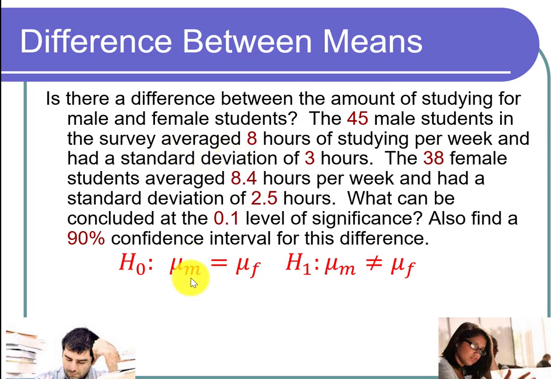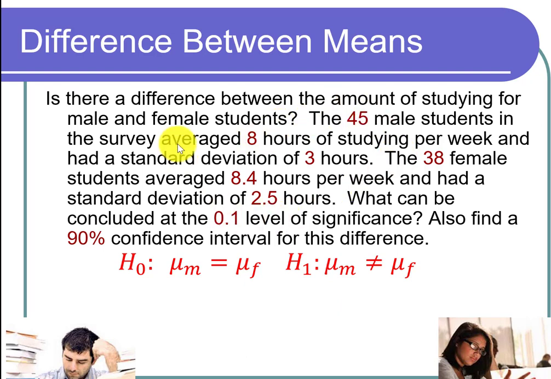So we write mu sub m equals mu sub f, or the population mean number of hours that men study is equal to the population mean number of hours that females study. And then the alternative hypothesis, H sub 1, well, we want to see if there's a difference. We're used to that when we see the word difference, that's a not equal to sign. So mu sub m is not equal to mu sub f.